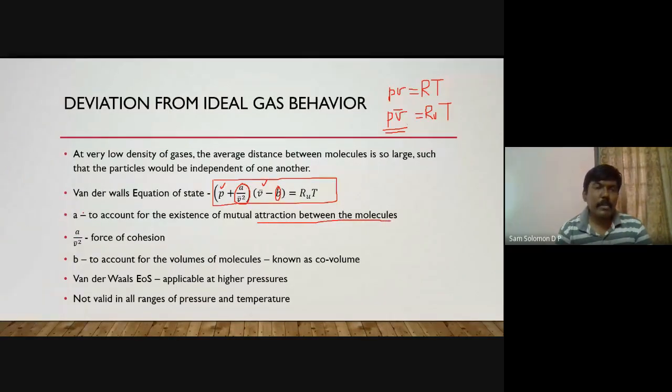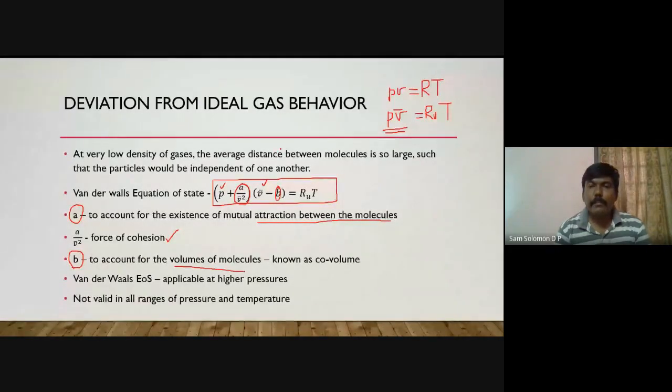That is the significance of using the constant a. A by v bar squared is called the force of cohesion. And b is given to account for the volume of the molecules.